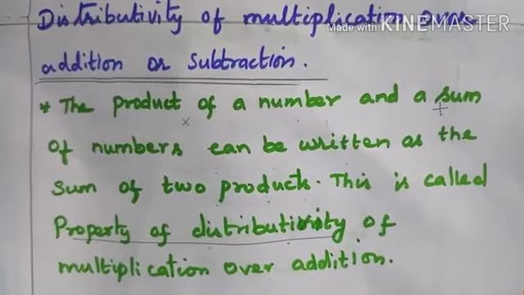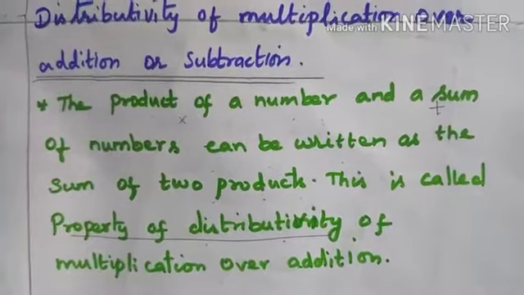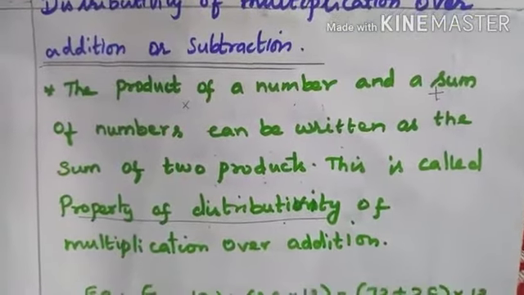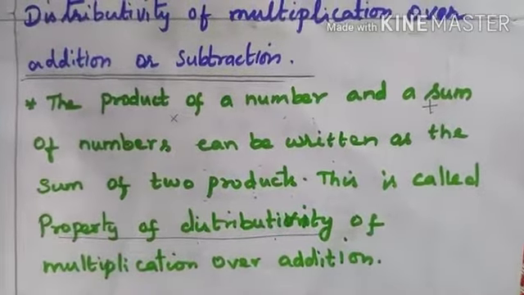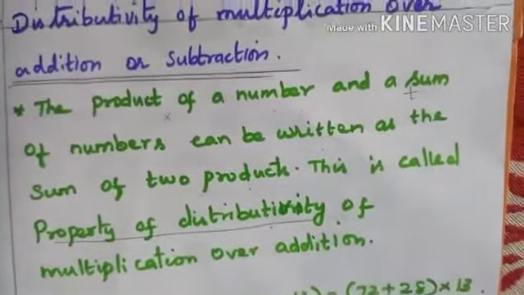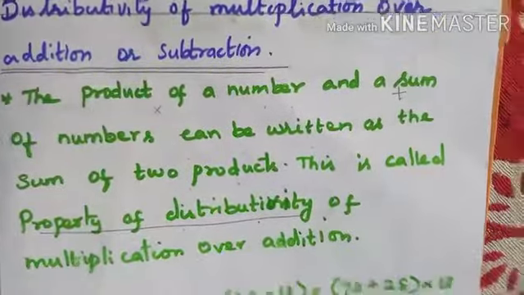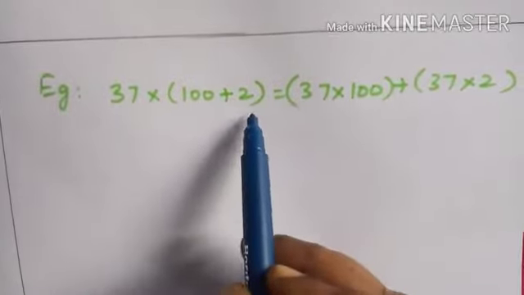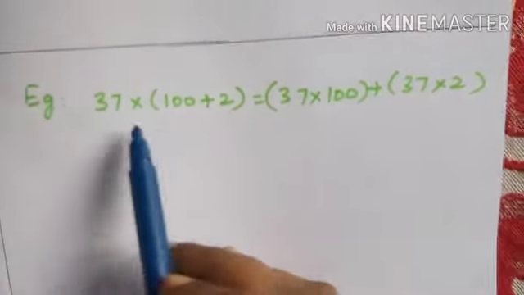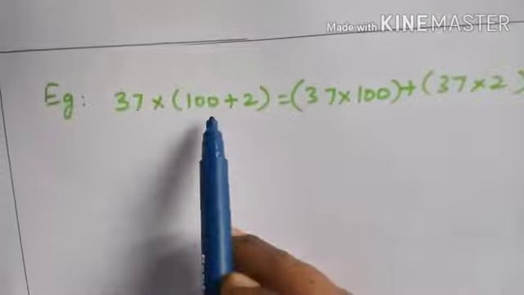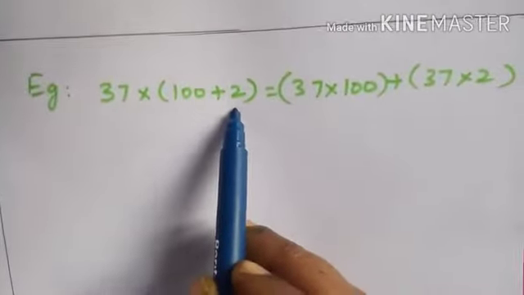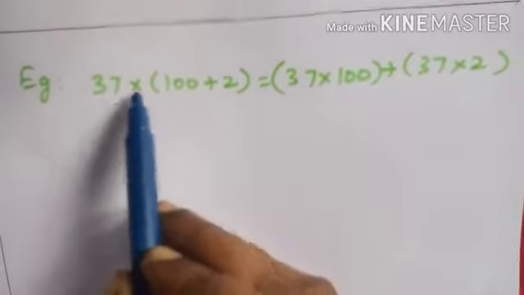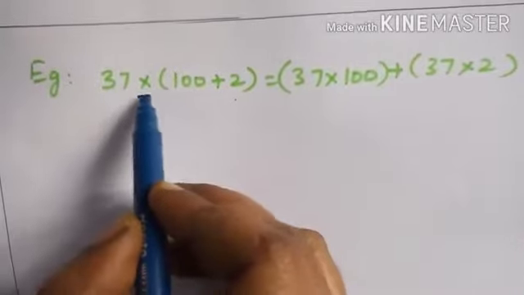Now we are going to see it by an example. Example, 37 into 100 plus 2, that is the product of a number and sum of numbers can be written. So here you see product of a number, product means multiply, isn't it?